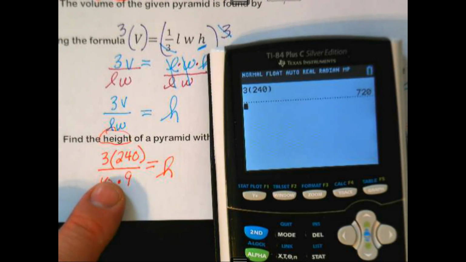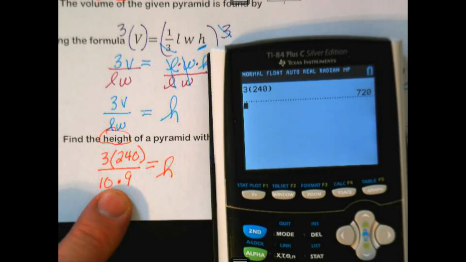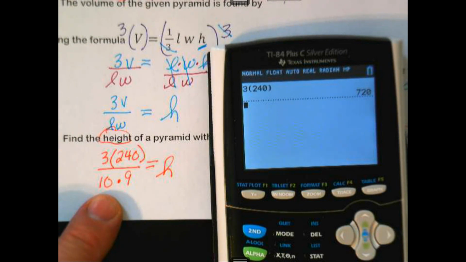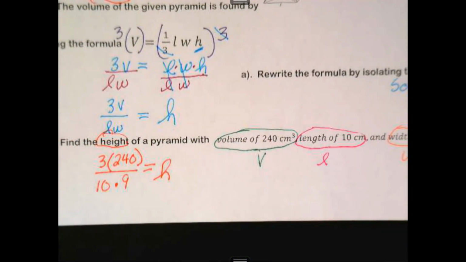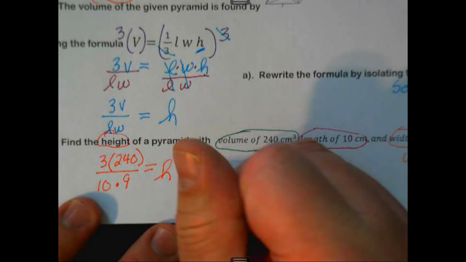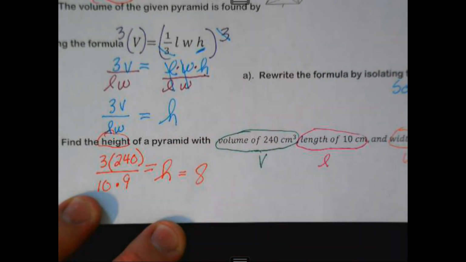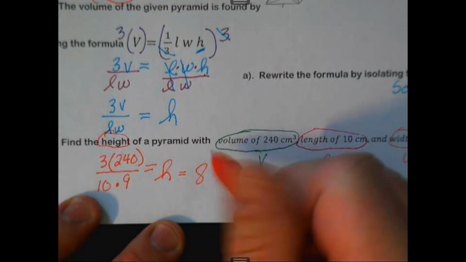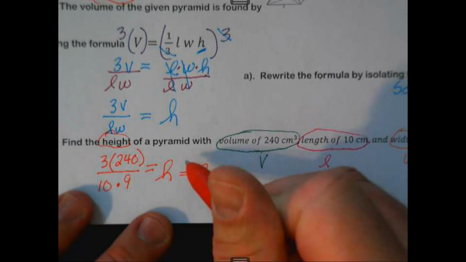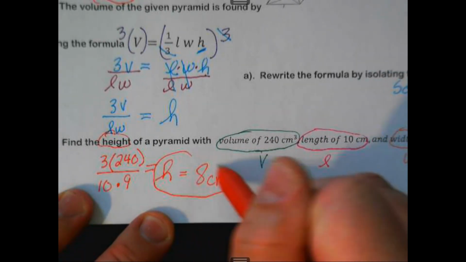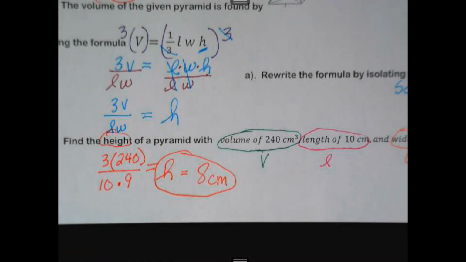Divided by 10 times 9 is 90. And I get 8. My height is 8. And we're dealing with centimeters. And that's it for 1.4 part 2, isolating variables.